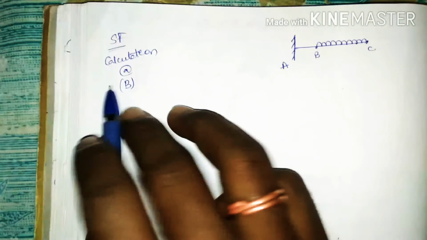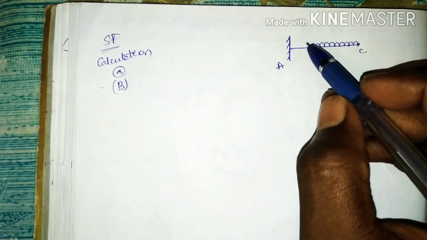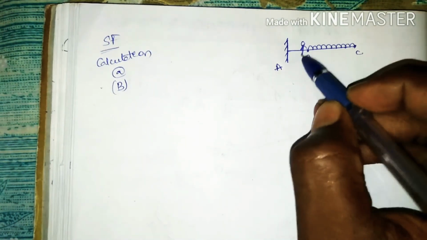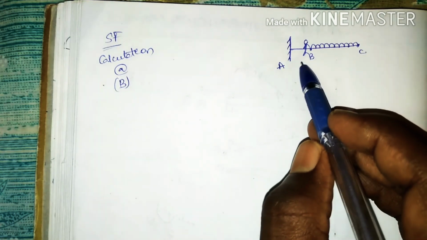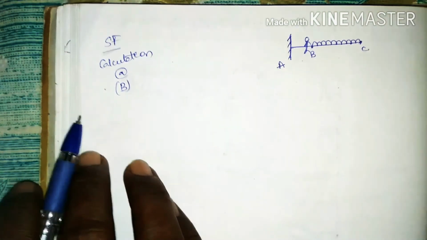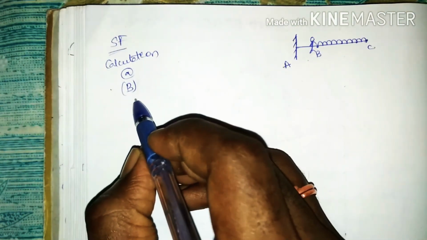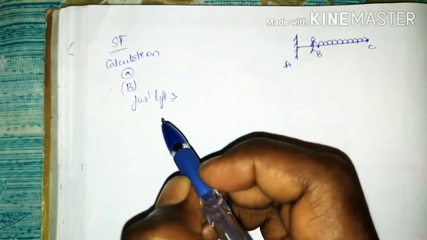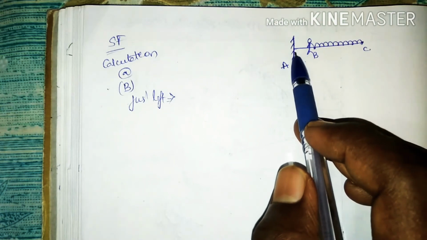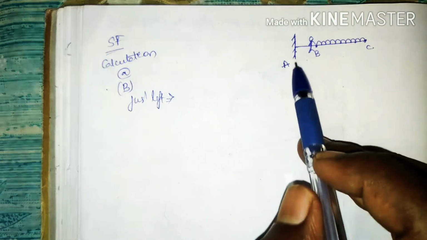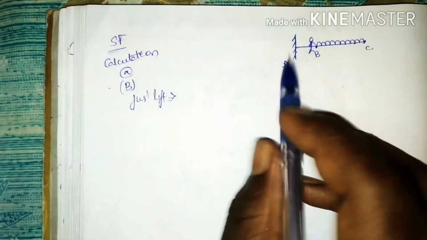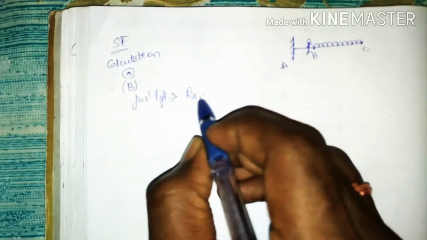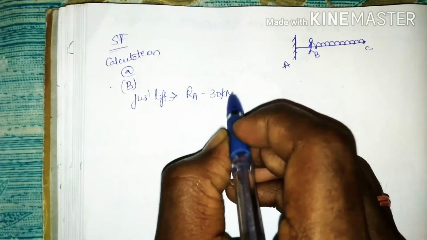Shear force calculation at B. If I stand just left of B, I find only one reaction, that is RA, equal to 30 kilonewtons.